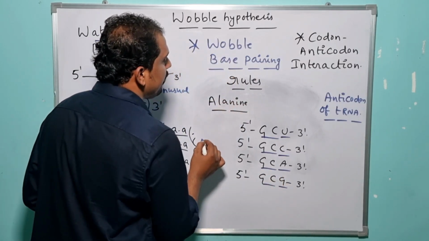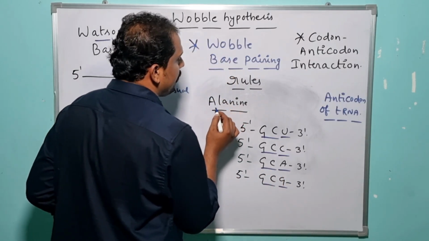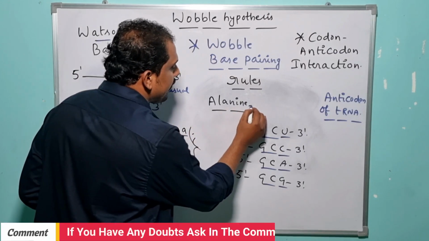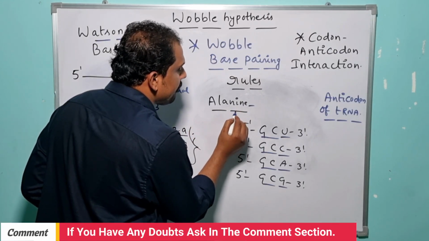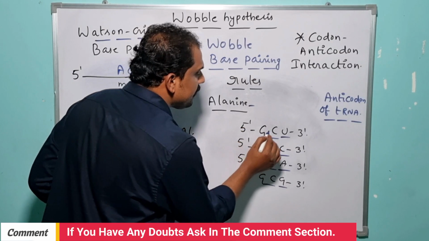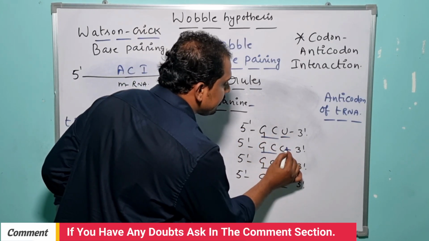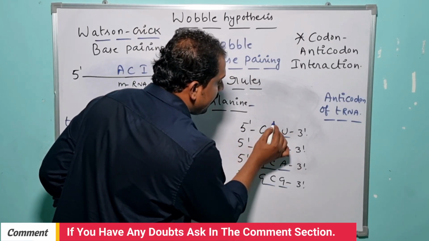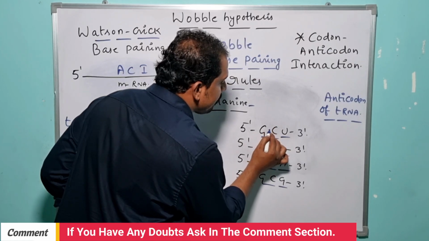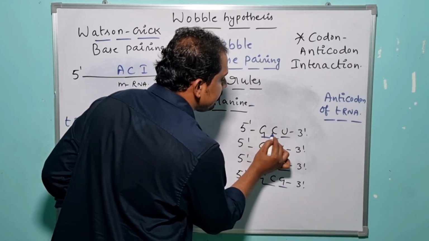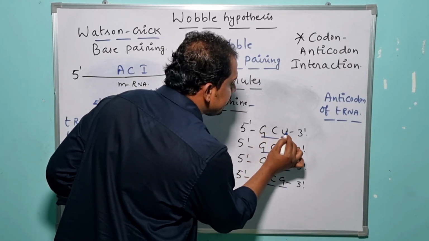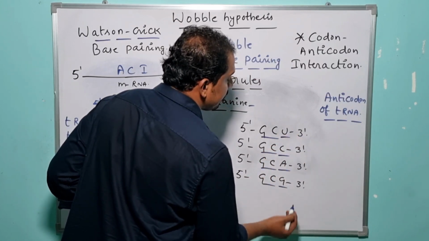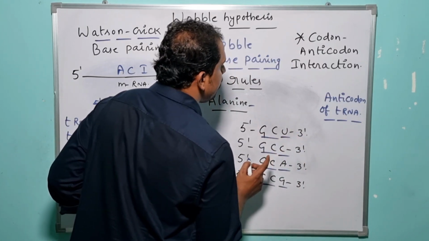That means according to wobble hypothesis, when an amino acid is encoded by more than one codon, the variation always relies only at the 3' end but not at the 5' end. And the first two nucleotides are responsible for inducing the specificity, and the last nucleotide is responsible for providing the variation. So it is one of the postulates of wobble hypothesis.